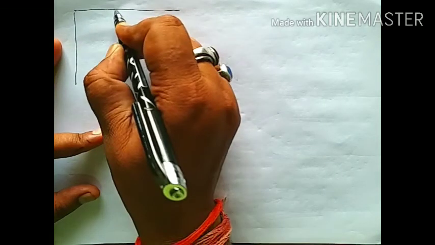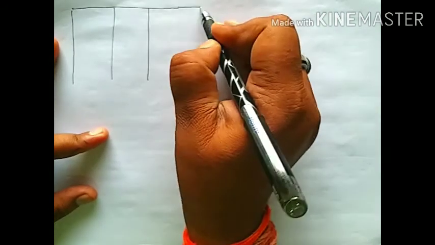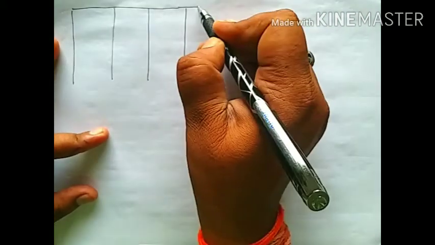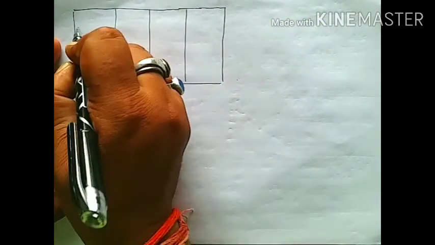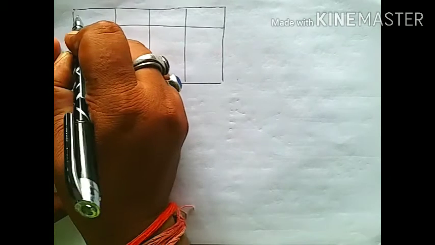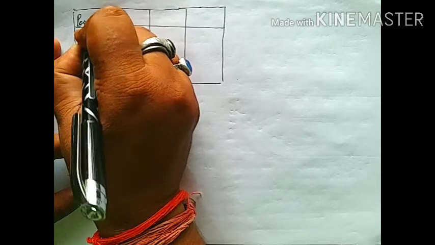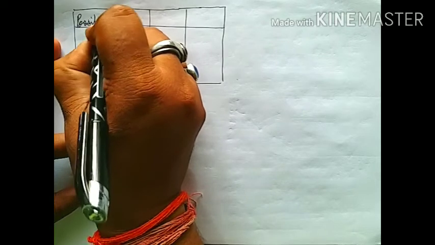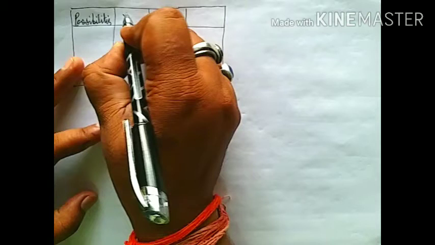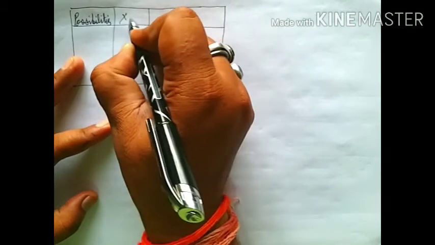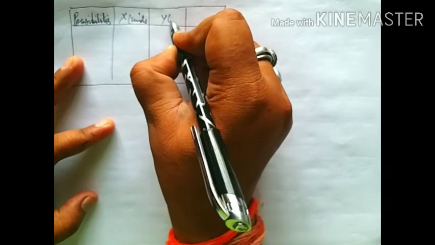This column is for combination, this is for commodity X, that is wheat, and this is for Y, and this is for MOC. This is the production possibilities combinations.